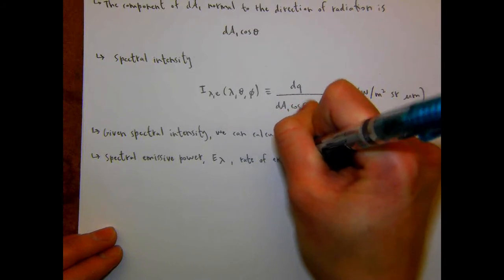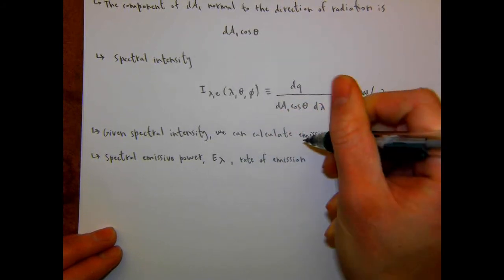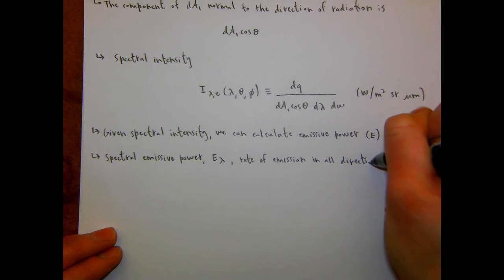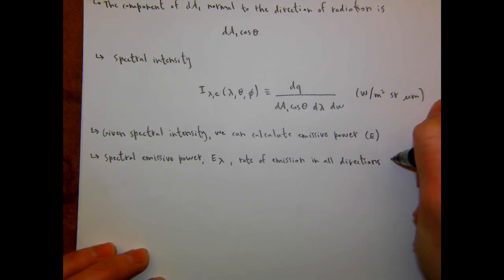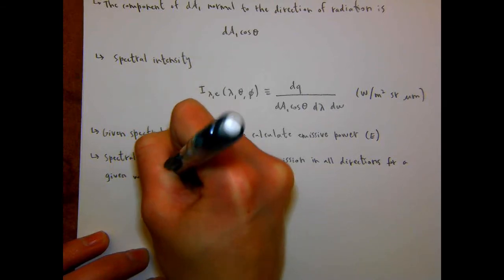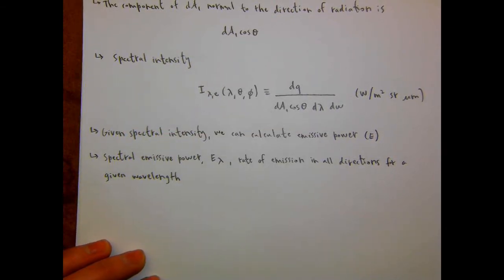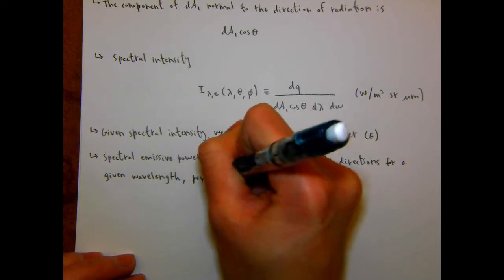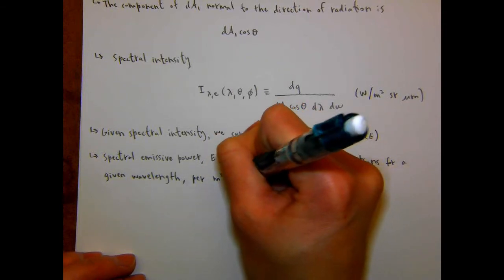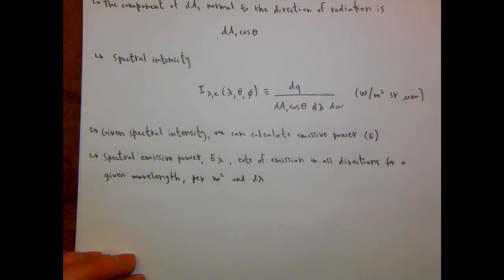Okay, so the spectral emissive power, rate of emission in all directions for a given wavelength, again per meter squared and unit wavelength.